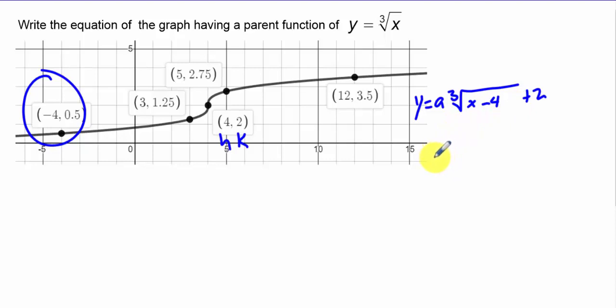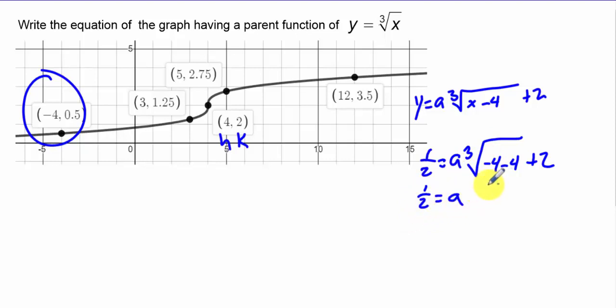I have a y value of a half, equals unknown a times the cube root of the x value, negative 4, minus 4, plus 2. All right, so we notice here that we have a half equals a times the cube root of negative 8, plus 2.